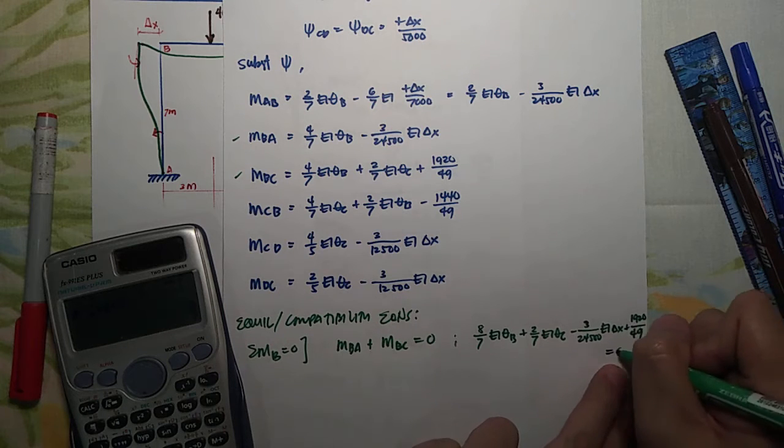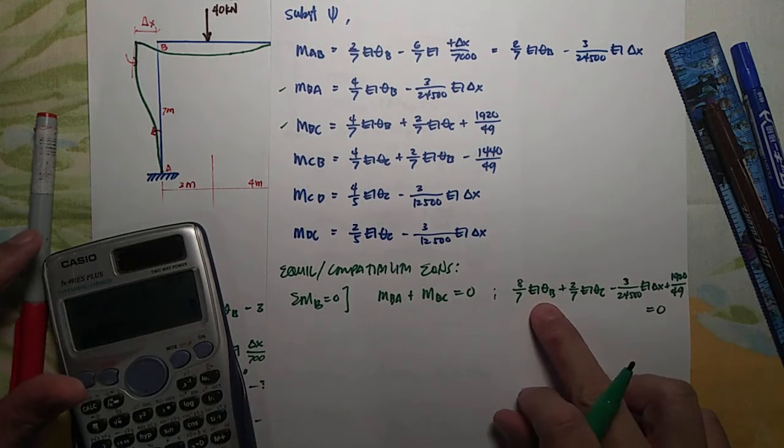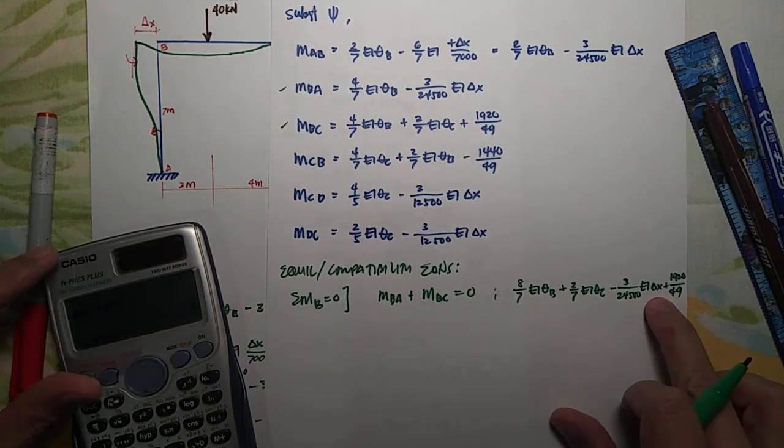Okay? Should be equal to 0. So from this equation, we have three unknowns, theta B, theta C, and delta X.